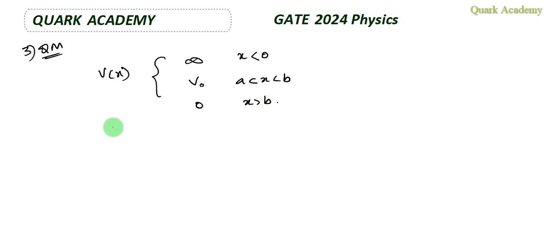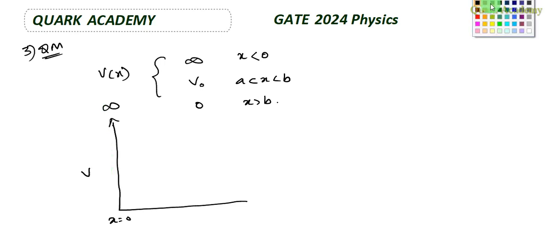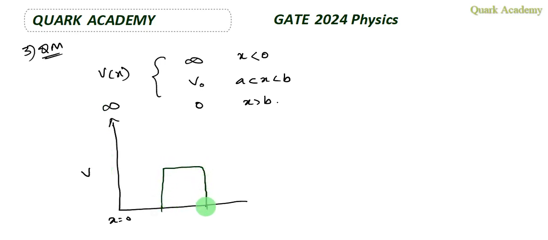So if you draw, it will look something like this. So like this is x equal to 0 potential, this is V, and here it goes to infinity, and this is like a and b. So after this the potential is 0.